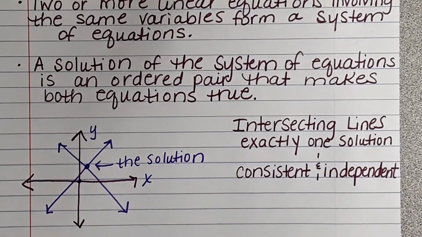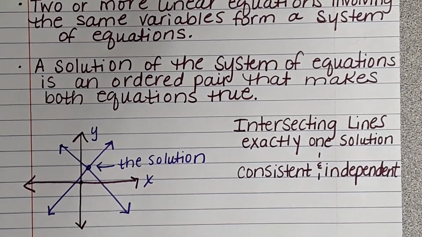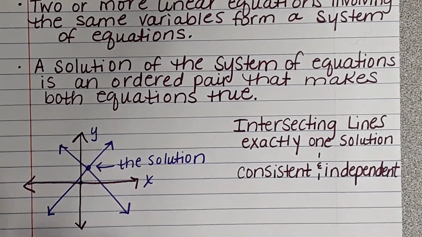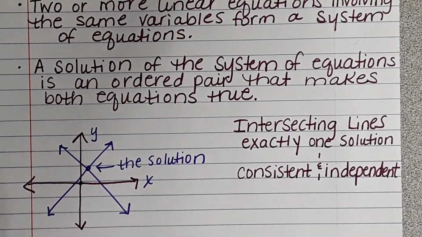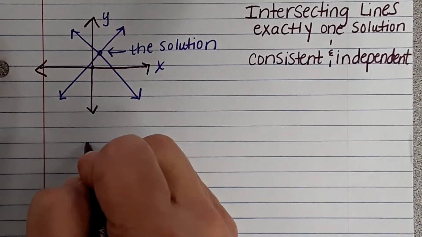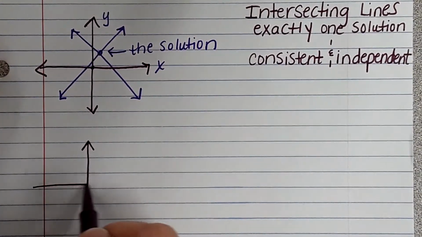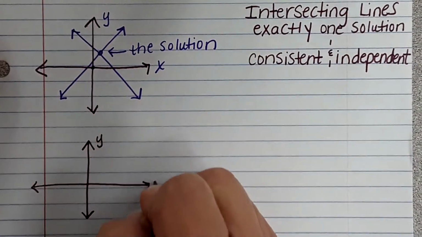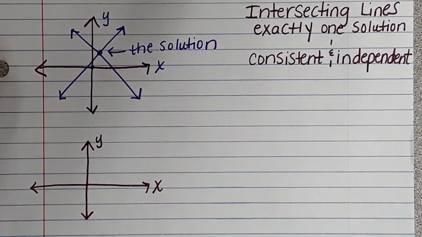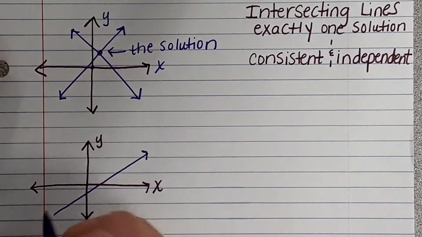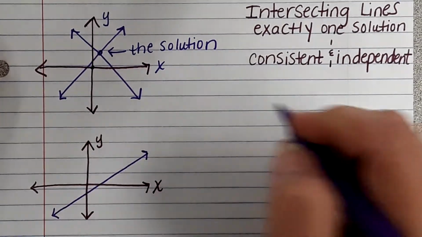They're called consistent, independent. The next thing that you're going to have is, this is your y-axis, this is your x-axis, and through it is what we call the same line.